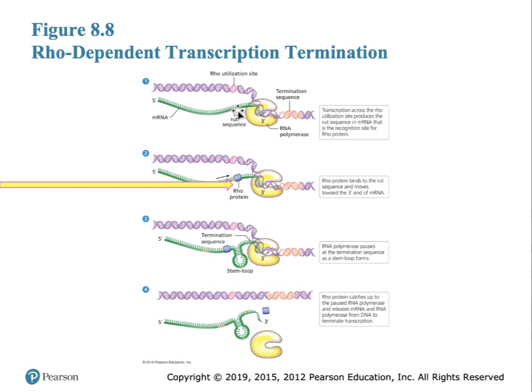Rho will bind to the RUT site on the RNA and then start traveling fast towards the downstream direction towards the RNA polymerase. And because the RNA polymerase has been slowed down by the termination sequence, the Rho protein will eventually catch up and physically dislodge the RNA polymerase from the DNA.